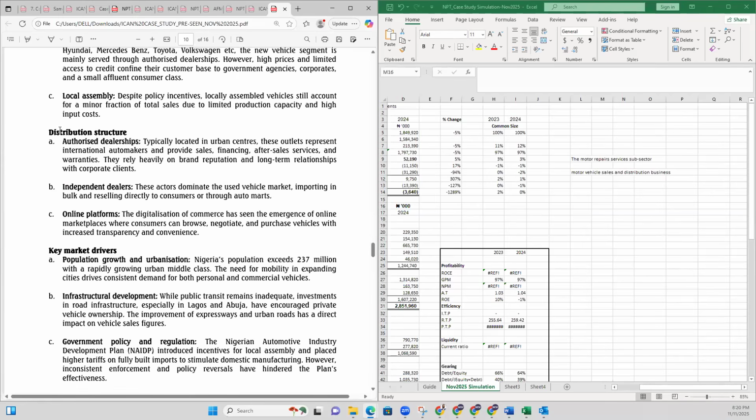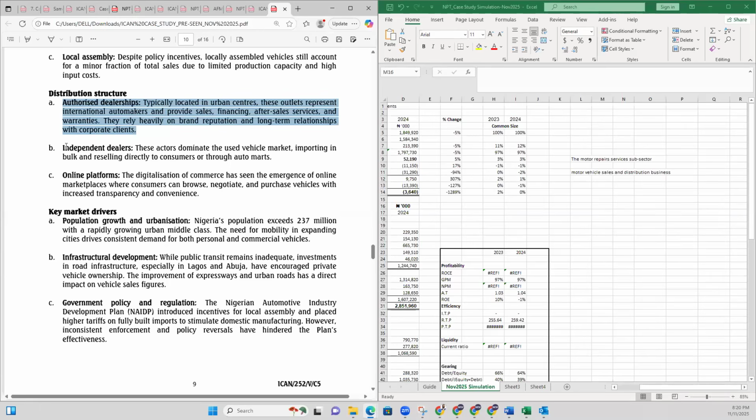And then we've gone here to talk about the distribution structure, where you see a lot of authorized dealers. You see Toyota, a big brand, especially when you go to areas like Ikeja, VI, Ikoyi, you see them everywhere.